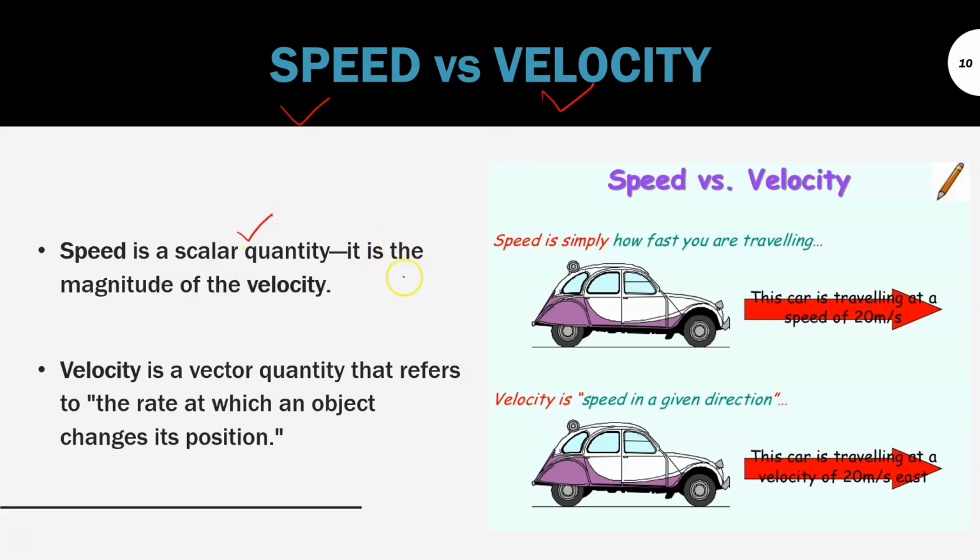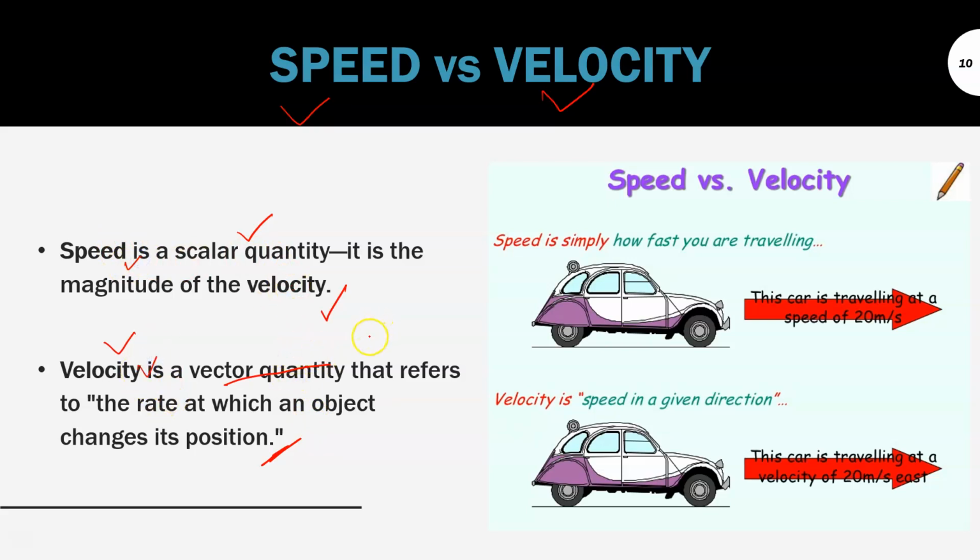It is the magnitude of velocity. On the other hand, velocity is a vector quantity that refers to this statement: the rate at which an object changes its position. In our everyday language, you can hear people use the words speed and velocity interchangeably.